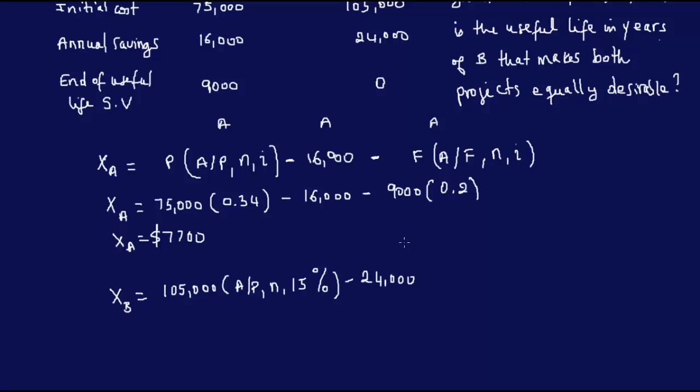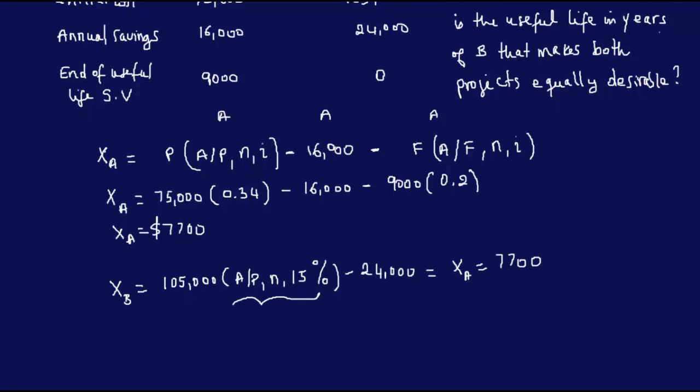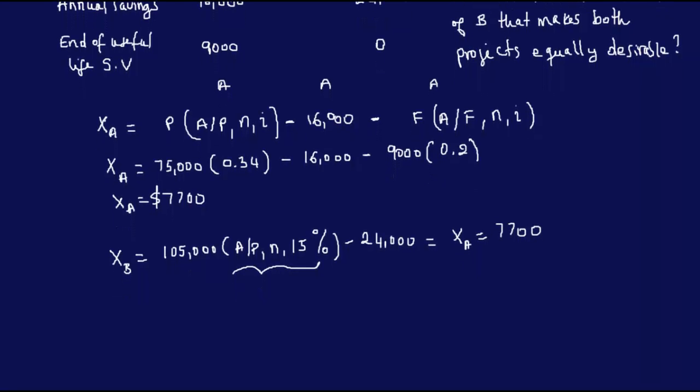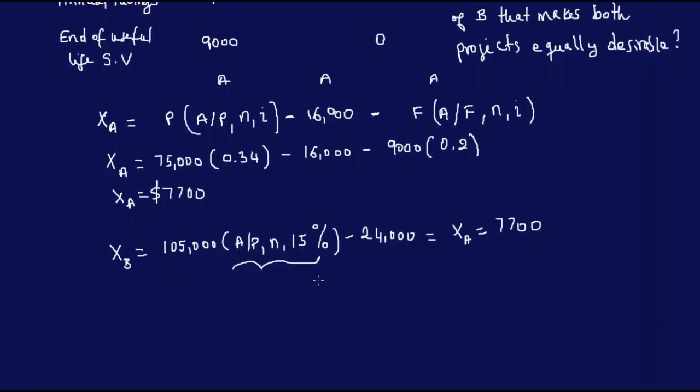Now remember, the question was for both of them to be equally desirable. So XB is actually supposed to be equal to XA, which was 77 thousand. So this is what we need to find, right? Just simple math, we just divide and subtract.